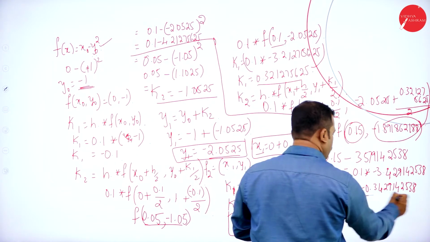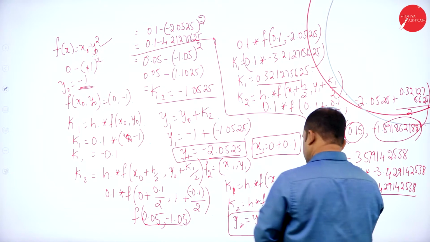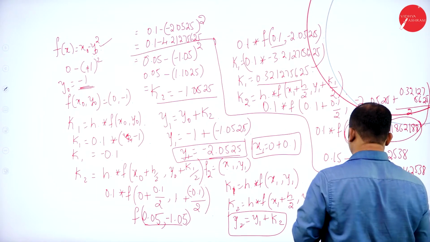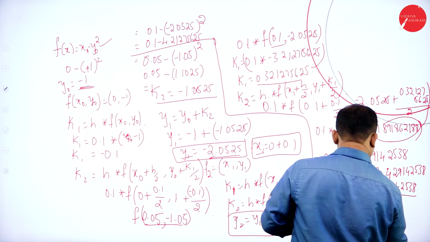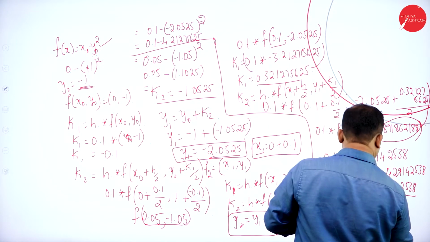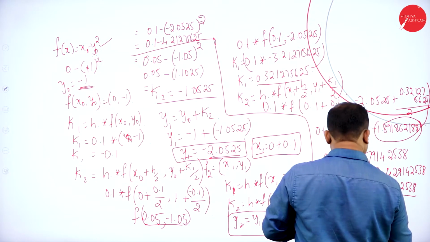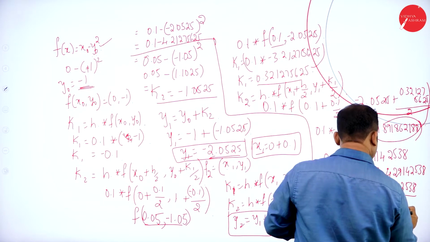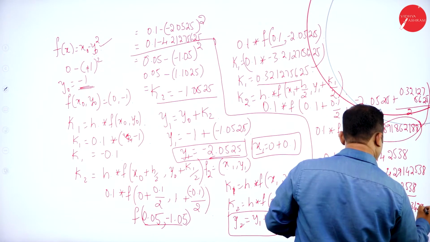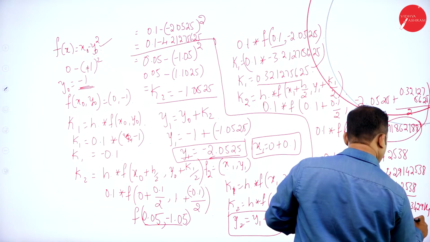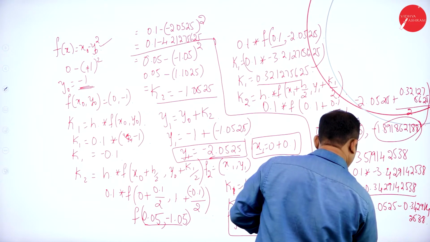Now we have found the value of K2 now. How can I find out the value of Y2? Y2 is equal to this formula, Y1 plus K2. What is the value of Y1? That is this, minus 2.0525 plus K2. Plus of minus means minus 0.3429142538. So Y2 is equal to what?